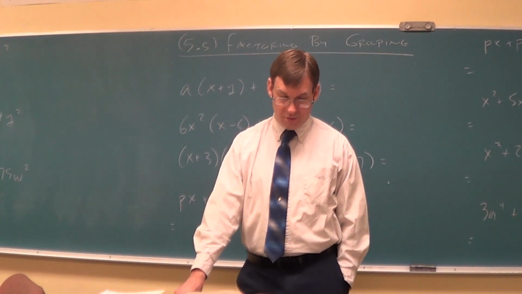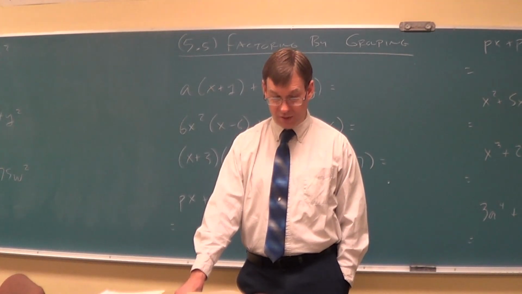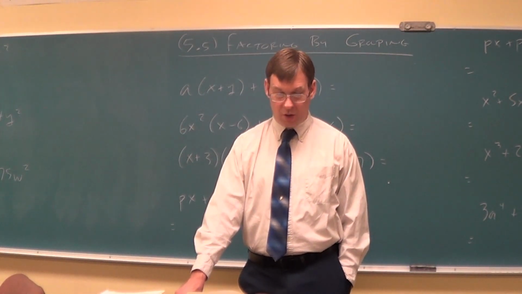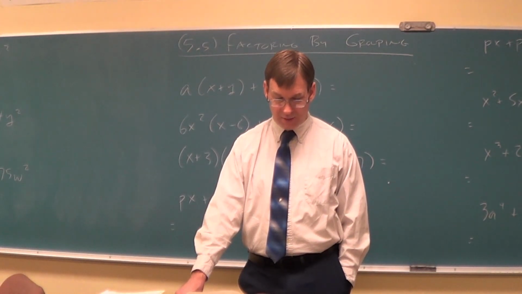Another way you could do that is just live with it. Just go different signs because of the minus with the y squared and put the y's in the back instead of in the front. So one possible right answer would be to go an 8 minus a y and a 4 plus a y.